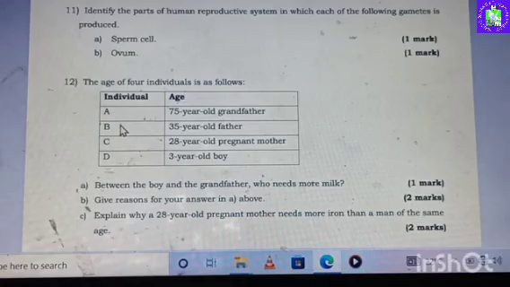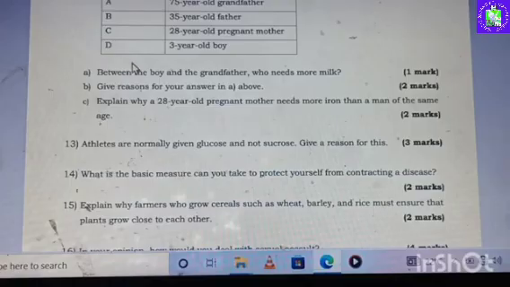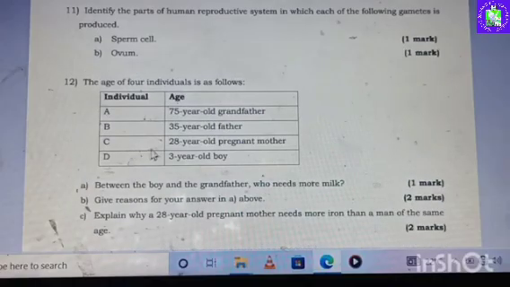We have individual A, individual B, individual C, and individual D. Age 75 years old for grandfather, 35 years old for father, 28 for pregnant mother, 3 for the boy.